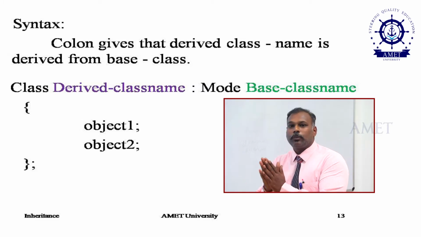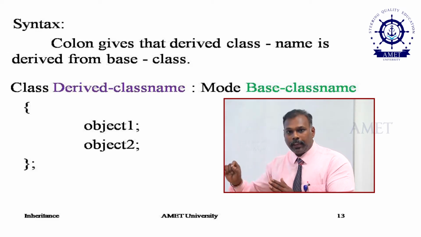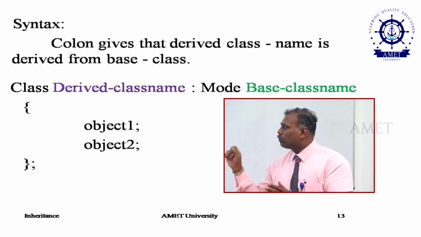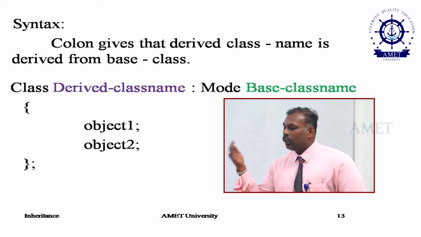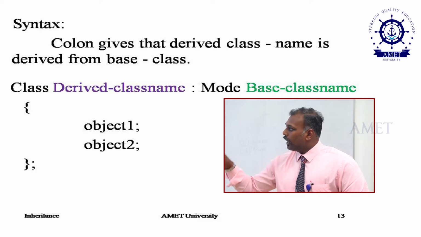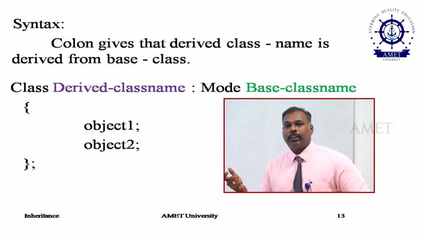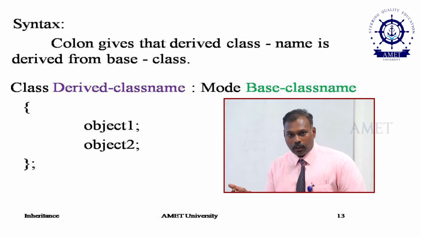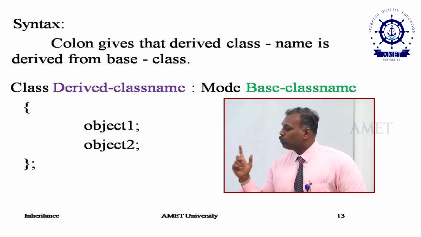Then the open curly braces, then the members, one or multiple, then close the curly braces and put a semicolon. At the end of the class you must put the semicolon. The mode is where you specify the access specifier. If you forget to specify it, by default it is taken as private. This is the syntax.